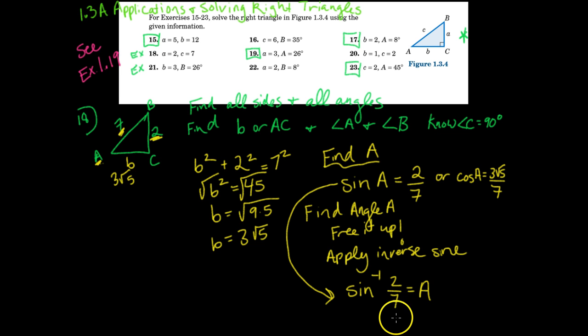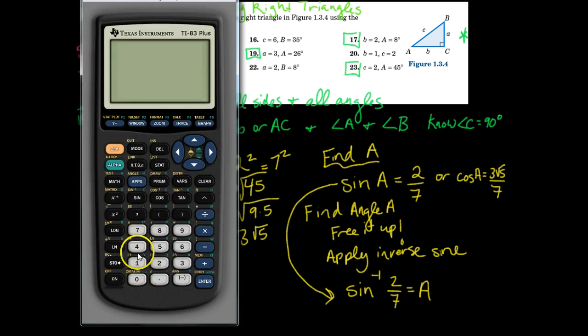Now in my calculator, I can go ahead and type that. Notice that the sine inverse is in yellow, so I need to hit the second button, sine inverse, and I'm going to go 2 divided by 7, close parentheses, then hit enter.